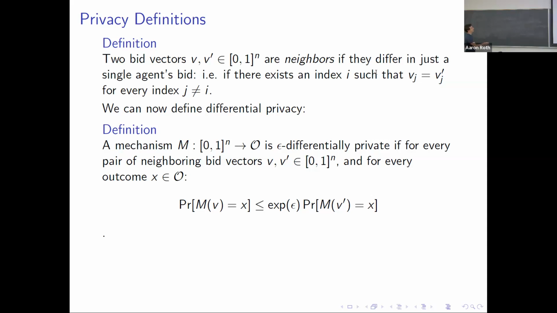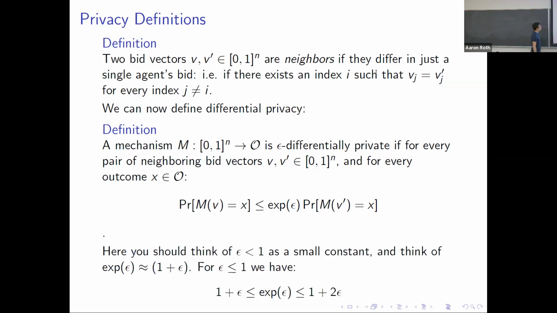Since this is quantified over all pairs of neighboring bid vectors, it means that the computation is almost statistically independent of the report of any single bidder, where almost means there's this parameter, a multiplicative factor of e to the epsilon, which you should really think of as like 1 plus epsilon. We're going to pick epsilon to be some small number, and when epsilon is small, e to the epsilon is sandwiched between 1 plus epsilon and 1 plus 2 epsilon.